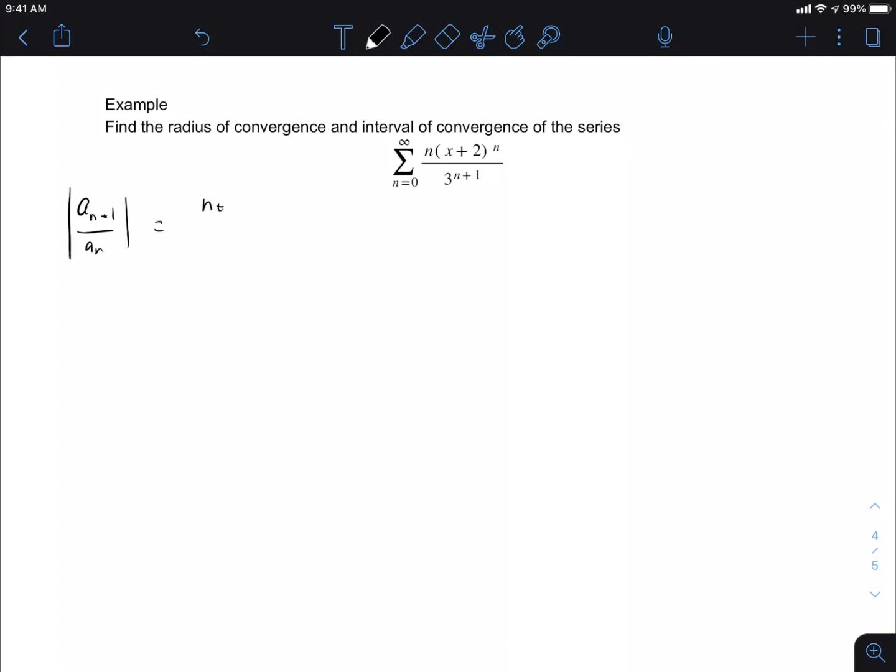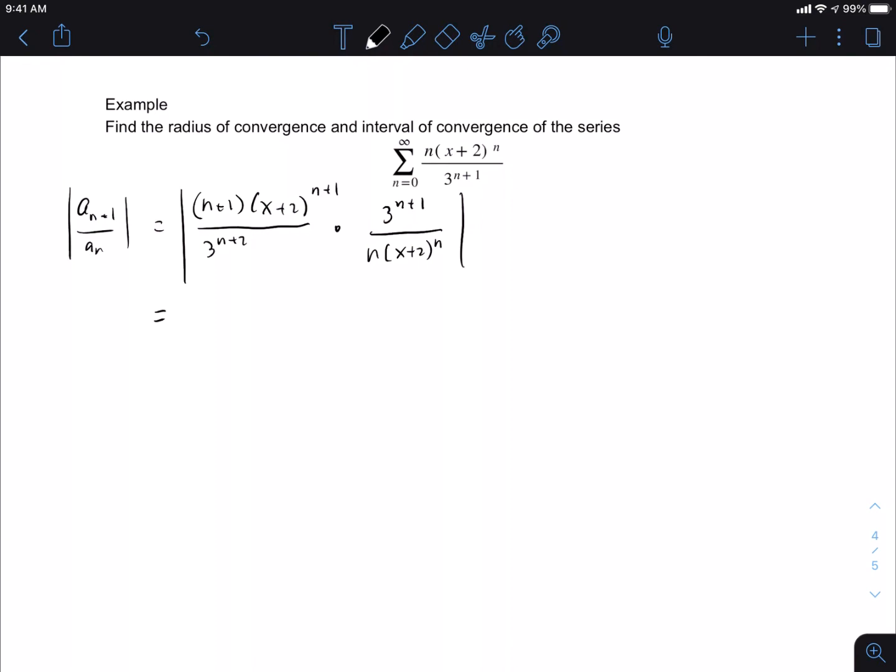And so we're going to get (n plus 1)(x plus 2) to the n plus 1 over 3 to the n plus 2, times the reciprocal of what our original was, correct? So x plus 2 to the n, in absolute values. And then we see things will cancel, right? Which is always so nice.